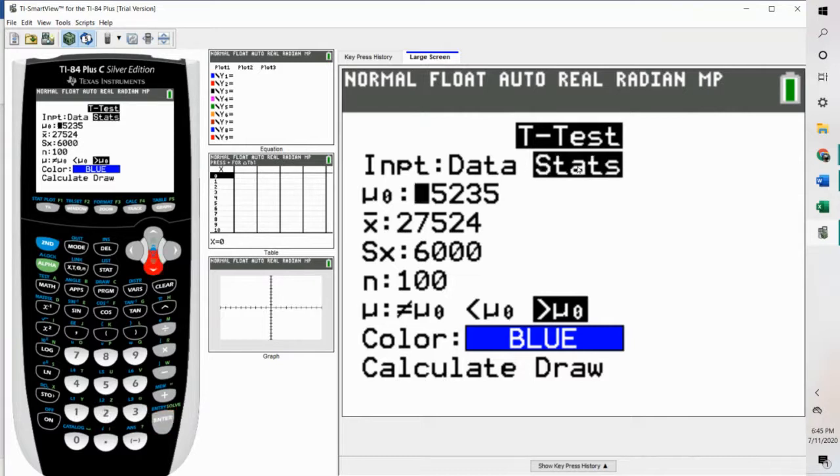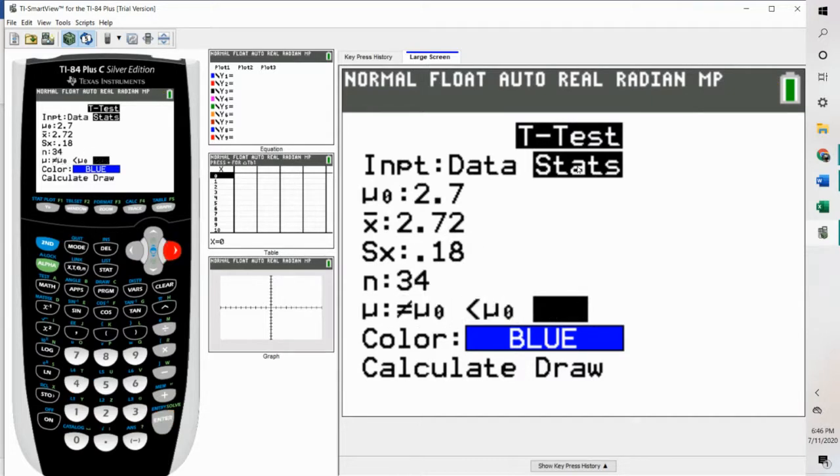Our mean was that's the population, 2.7. And then the sample was 2.72. And standard deviation, what's this? And our sample size was 34.